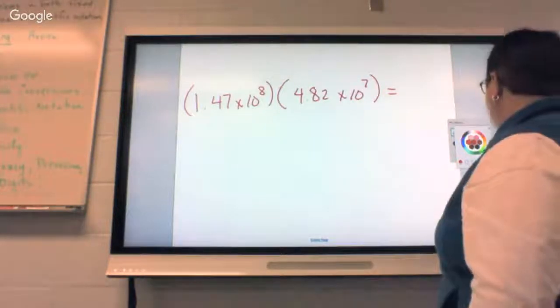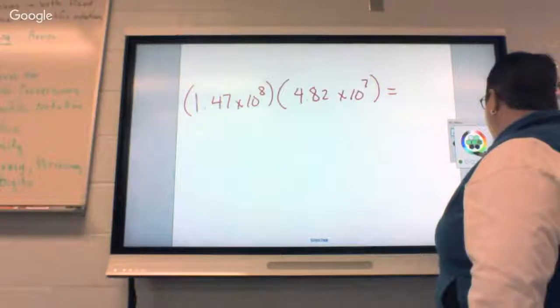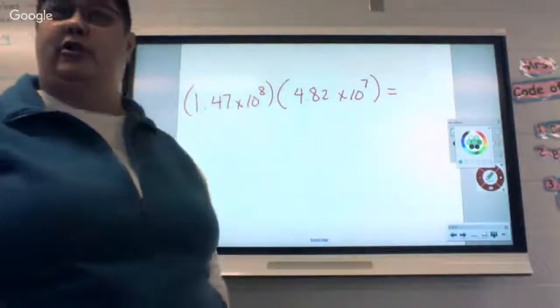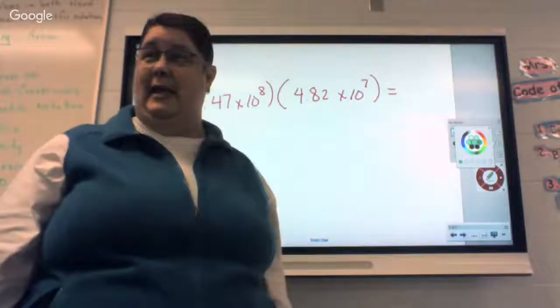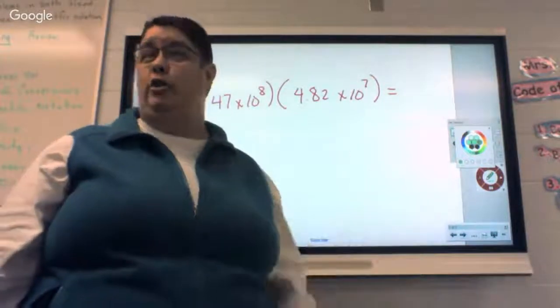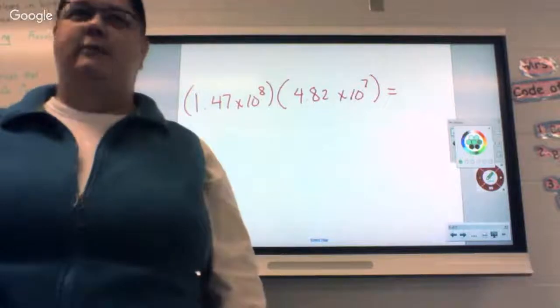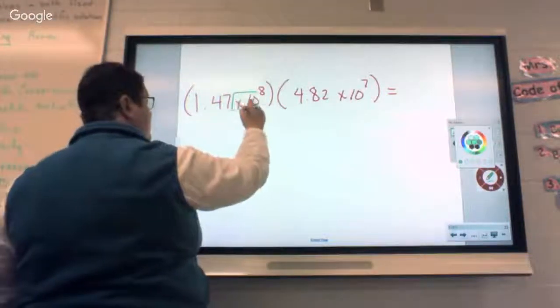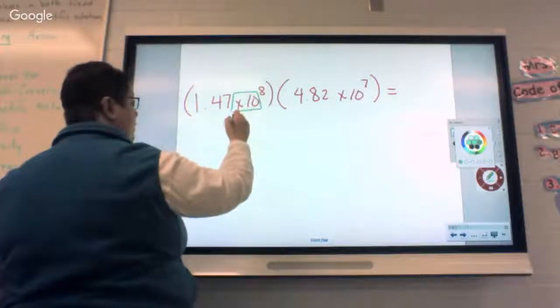So, the biggest thing that I will be ranting and raving about with several of you, and I will still be yelling at you about this in June because some of you will not believe me today, in March, or in June, is that you do not hit the times or the 10. This is a special key on your calculator.